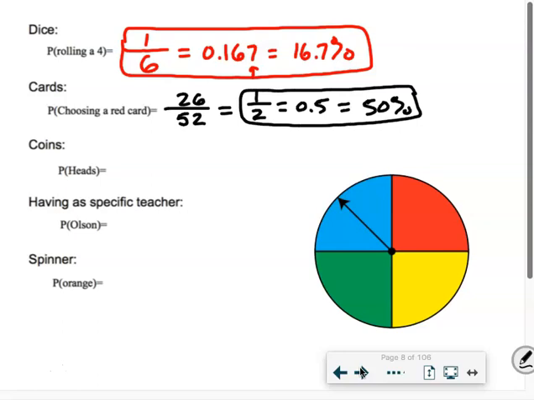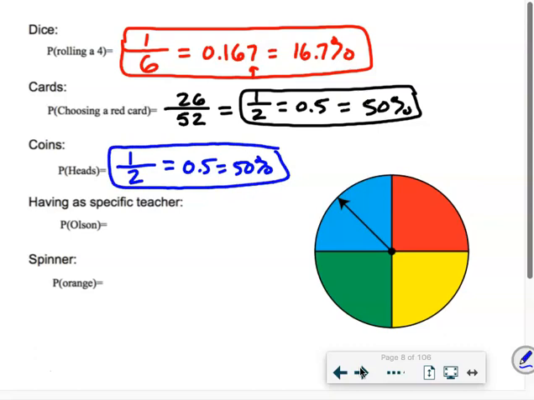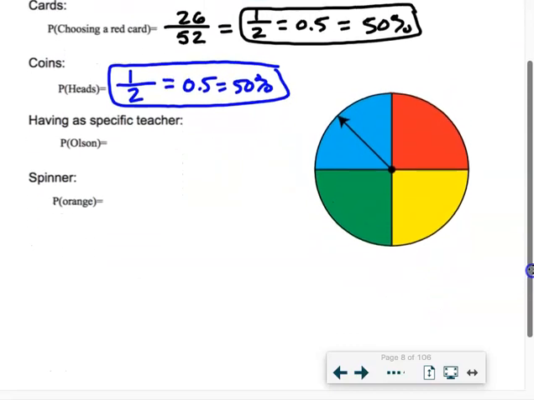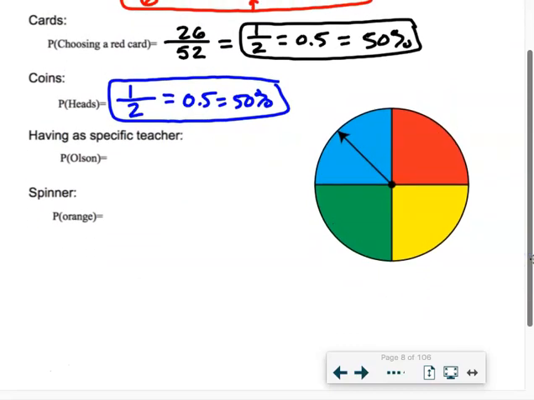Coins, I've said this one a couple times already. The probability of getting heads, there's 1 heads on a 2-sided coin. So this would be the same answer as above. Any of those 3 answers would be fine. You don't need to list all 3. Having a specific teacher, for this one, we would need to have how many science teachers there were, how many teachers there were.